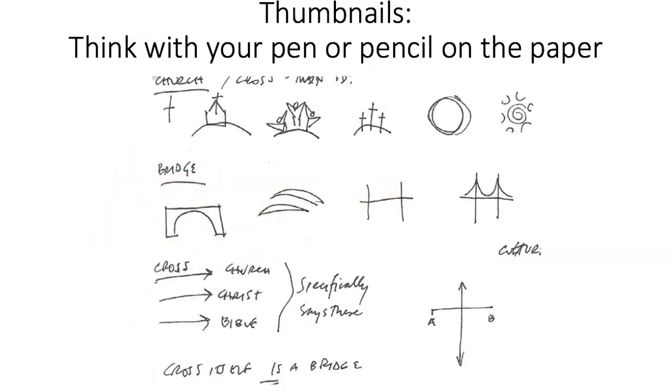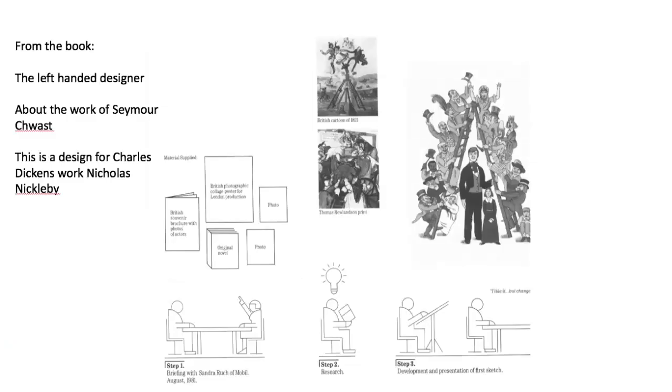Okay? After you do some thumbnails, this is from a book called The Left-Handed Designer by Seymour Schwass. He's doing a design for a cover for Charles Dickens' Nicholas Nickleby. But you have this idea, you have your brief, which I gave you already, which is to design a city block.